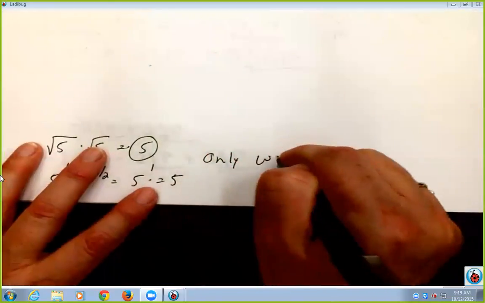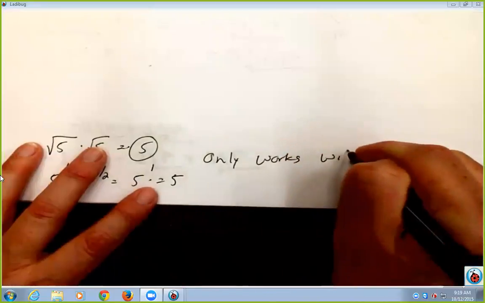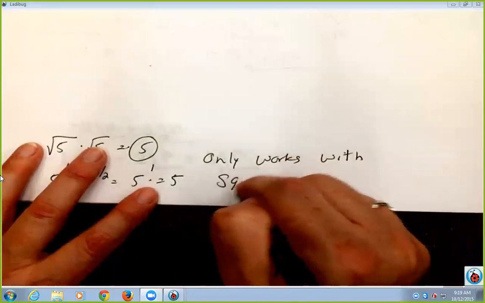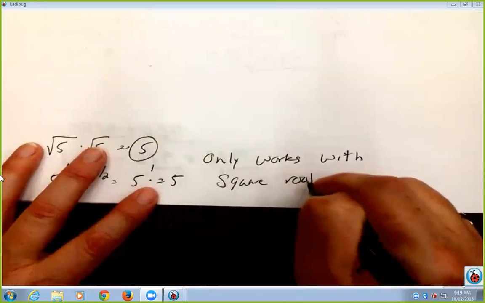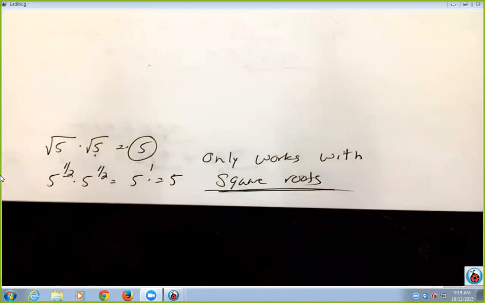So this only works with square roots. So we want to be able to drop that piece and end up coming up with what it would be. Okay? So if we can drop it, then we're good to go.